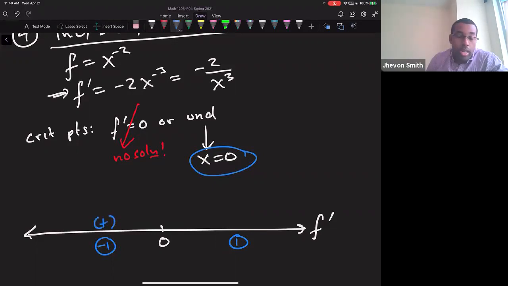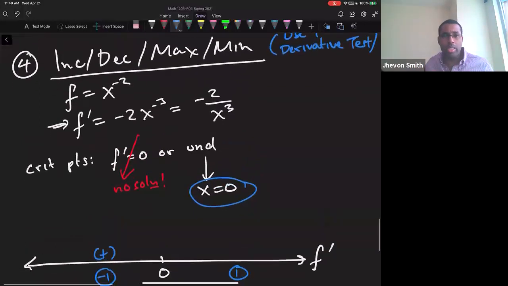And what does positive mean in the first derivative? The first derivative is positive. What does that mean for the function? Remember what we're looking at: increasing, decreasing, max or min.